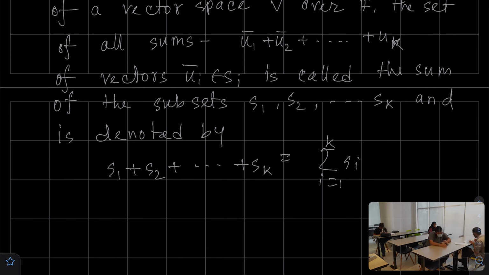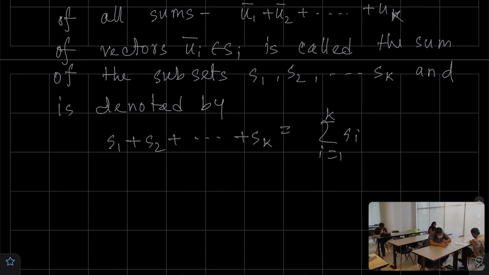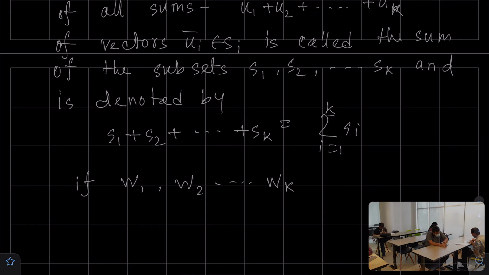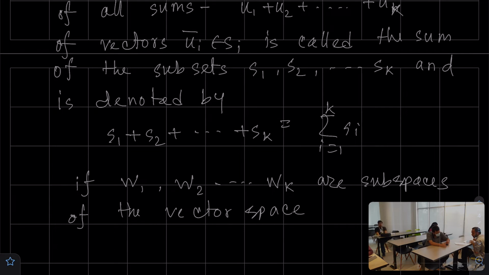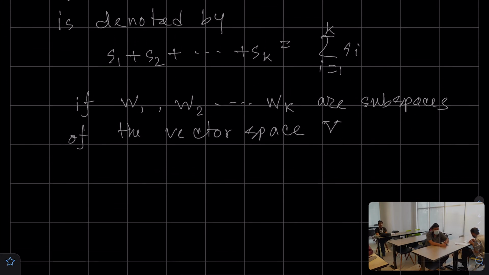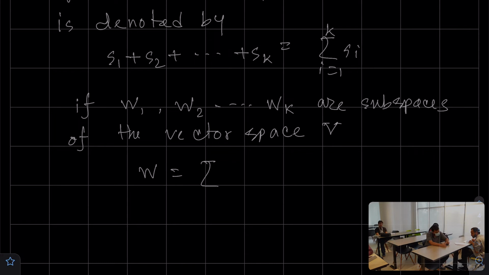Now the question is, if I'm considering W1, W2, Wk are subspaces of the vector space V, and then the notation will be W equals the summation of i equals 1 to k of Wi.